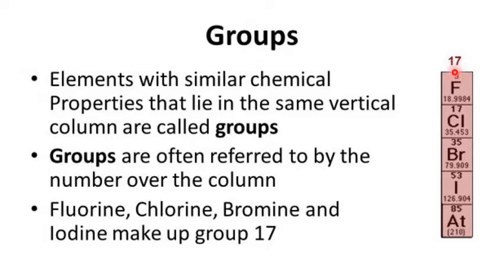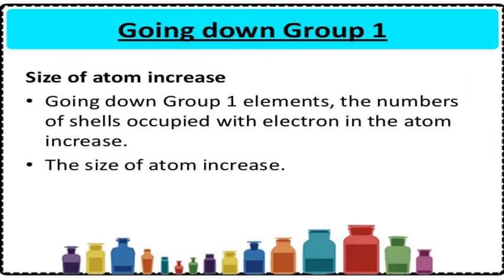Fluorine, atomic number 9. Chlorine, atomic number 17. Bromine, atomic number 35. Iodine, atomic number 53. Astatine, atomic number 85.